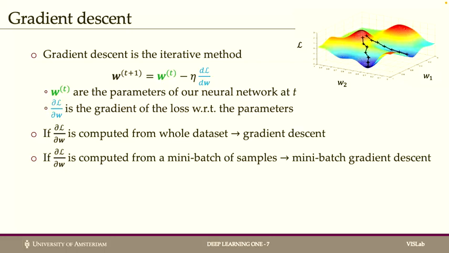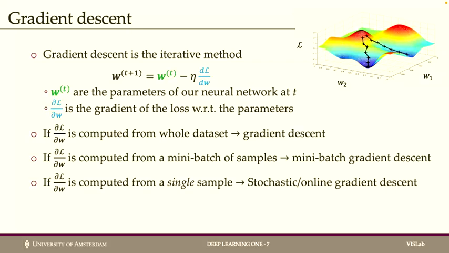A batch is just a sample set which isn't the whole data set. If you compute this from just a single data sample, so think of a single image and a label, or think of a single sentence and, for example, the associated sentiment, this is called stochastic online gradient descent.